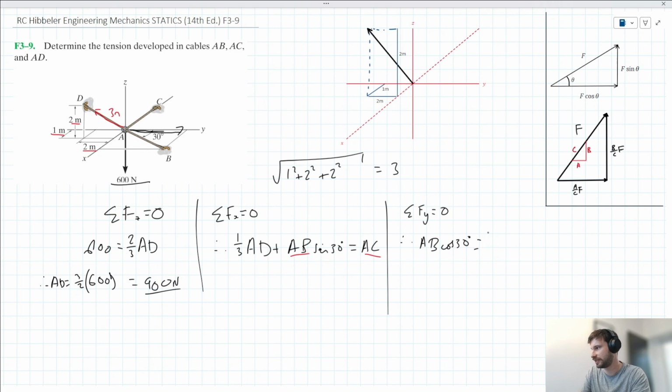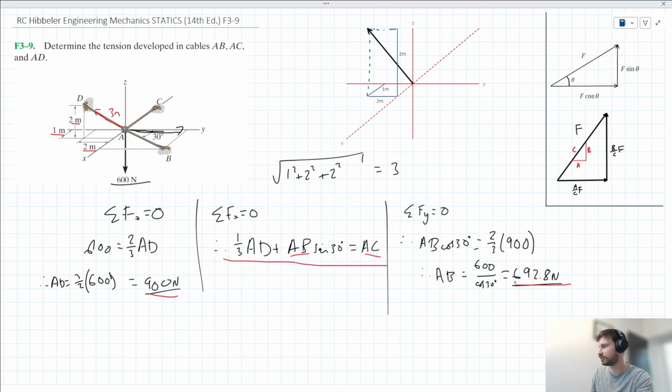So this is equal to 2/3 of 900, which by inspection is 600. Therefore, AB is equal to 600 divided by cos 30, which, when we put it in our calculator, is equal to 692.8 newtons.